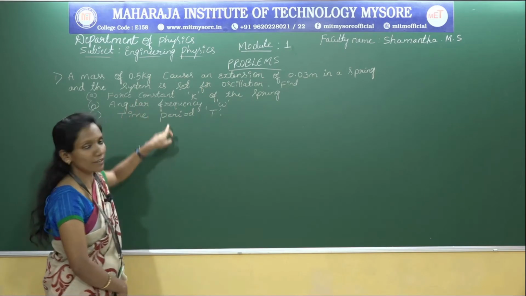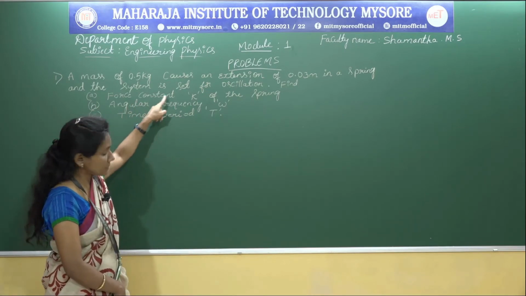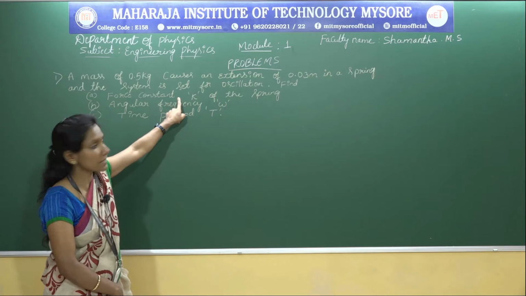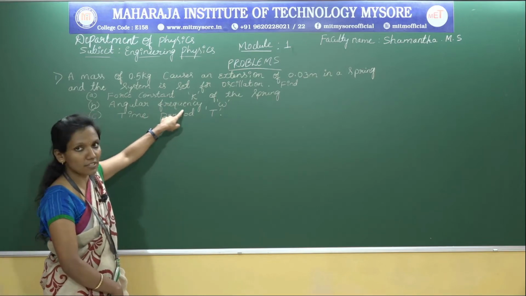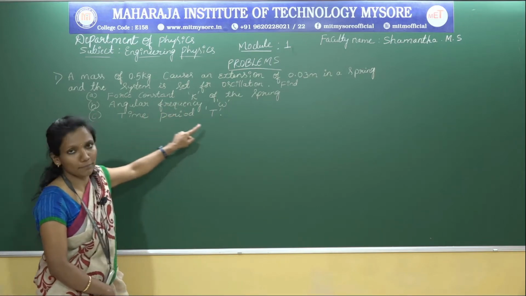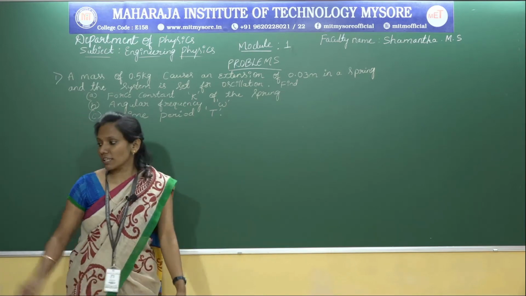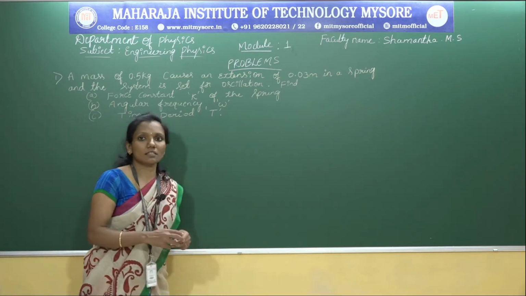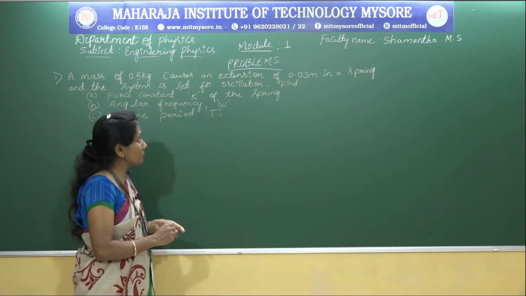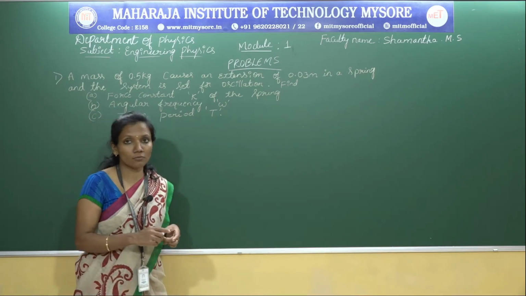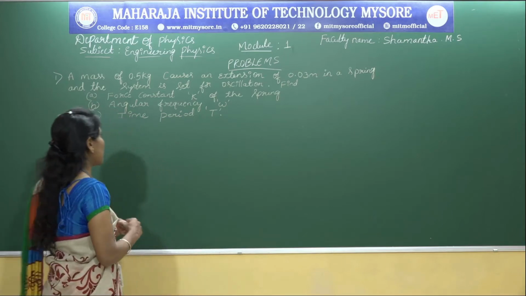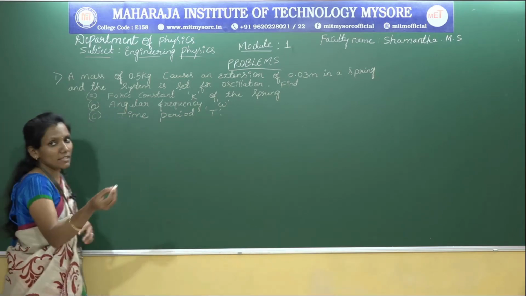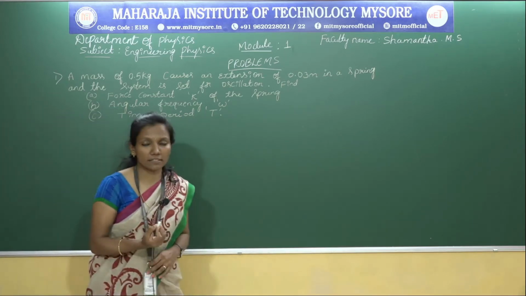Now, we have to find the force constant of that spring, the angular frequency and the time period T. We know the time period, force constant and angular frequency formulas. So, first write what is given.